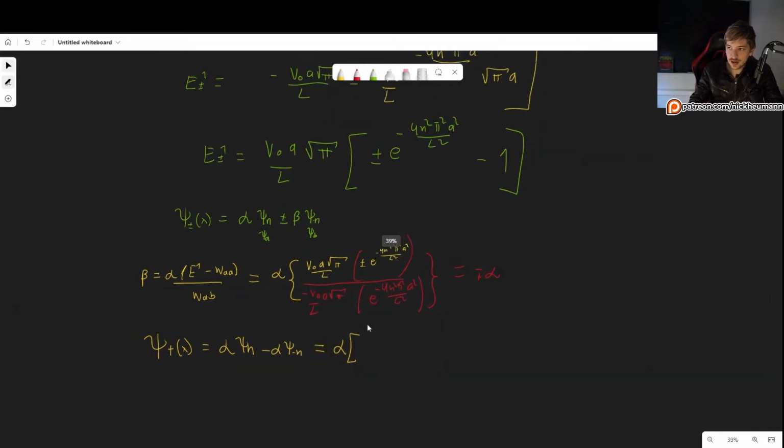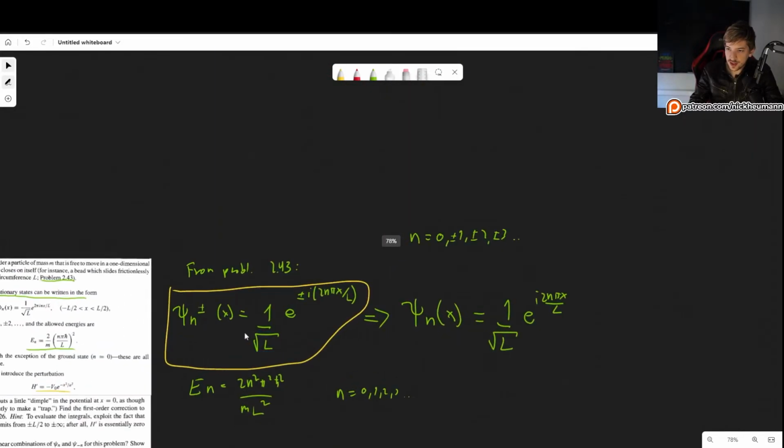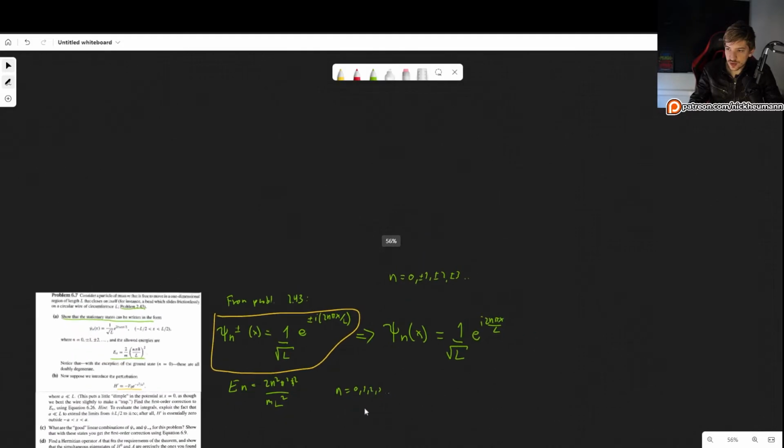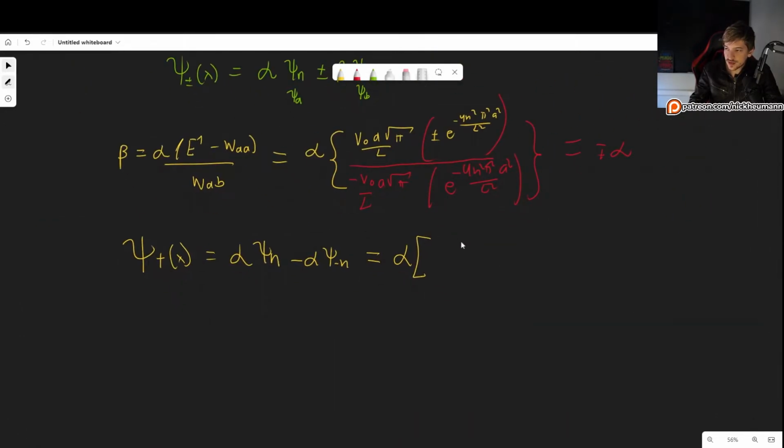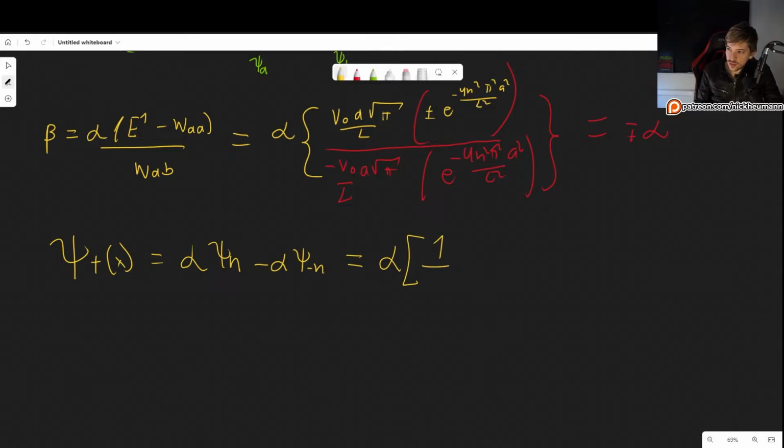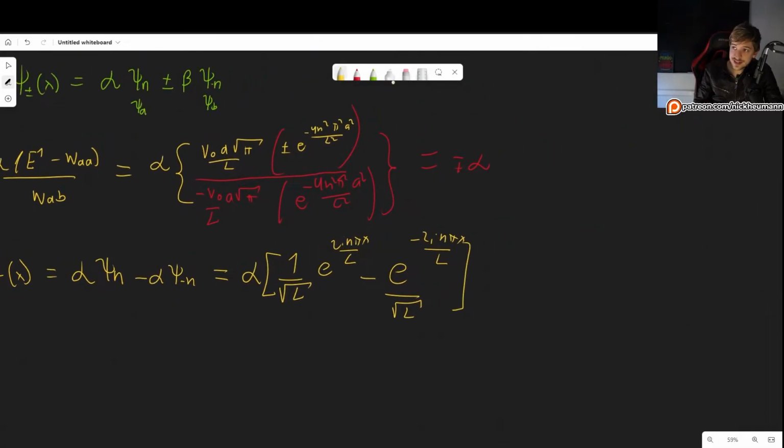Now let's plug in our psi of n. Let's go all the way up here. Psi of n is 1 over square root of L and the exponent. So this is 1 over square root of L e to the 2i n pi x over L minus, and then we have e to the minus 2i n pi x over L divided by the square root of L. Now this thing right there is a sine. Don't ever forget, sine of x is e to the ix minus e to the minus ix over 2i.